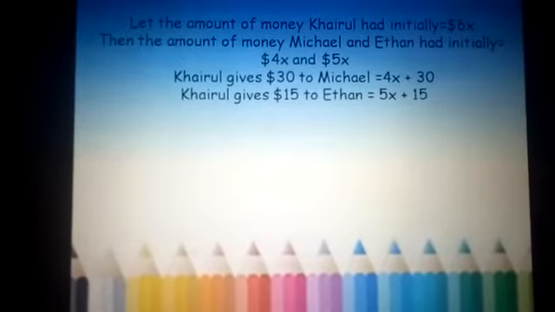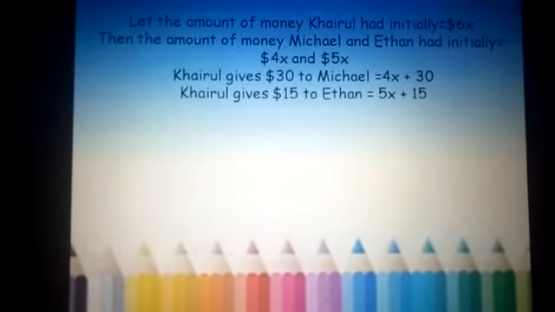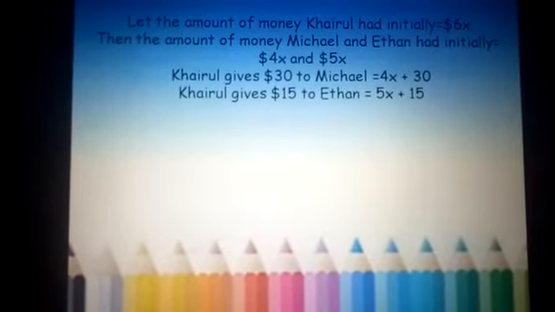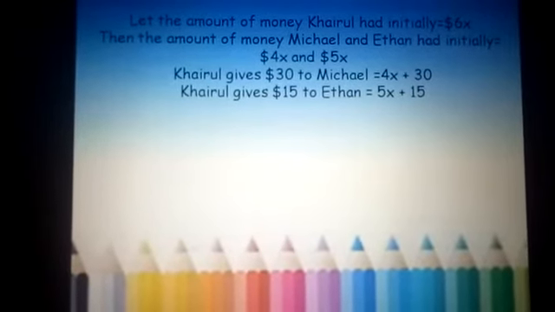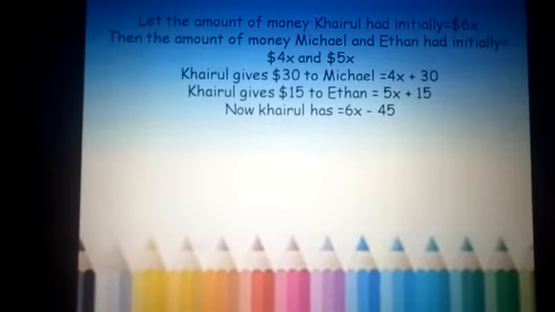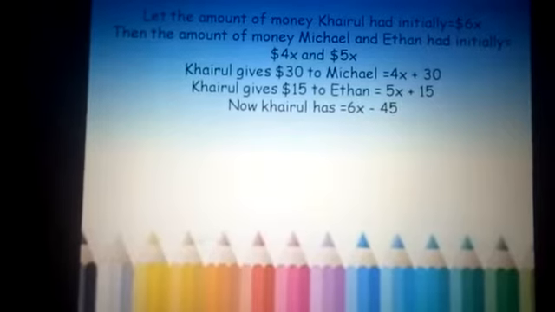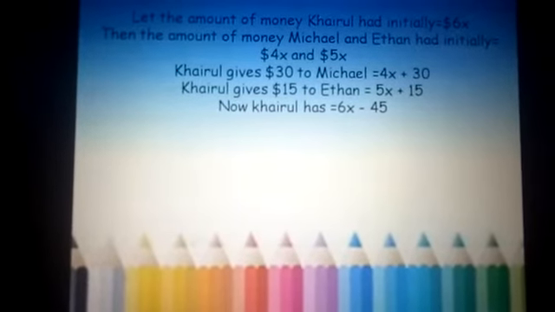Now bachcho, Khairul has given 30 to one and 15 to another. So he has given total $45. Now Khairul has 6x minus 45. $45 will be subtracted from his initial amount.